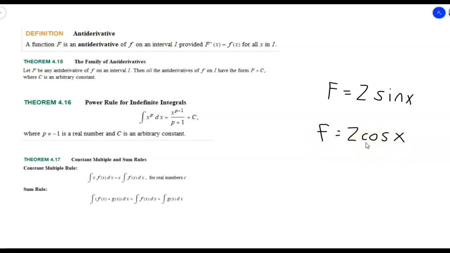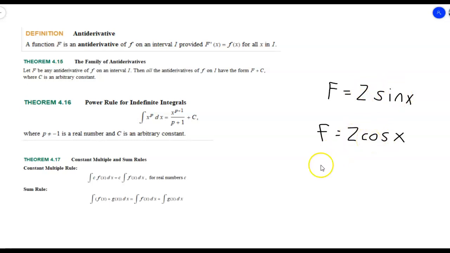One way to look at it is, if I take the derivative of 2 sine of x, I will get 2 cosine x. So 2 sine x is an antiderivative of 2 cosine x, because when you take the derivative of the big F function, you get the little f function.